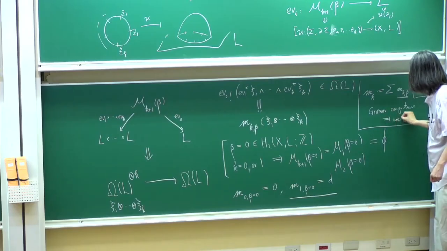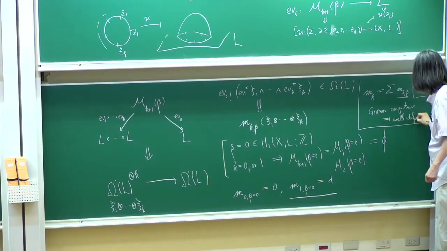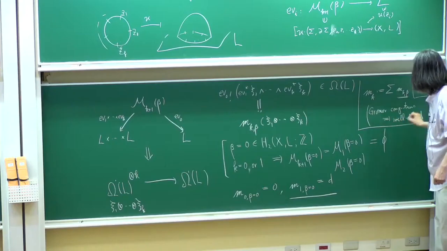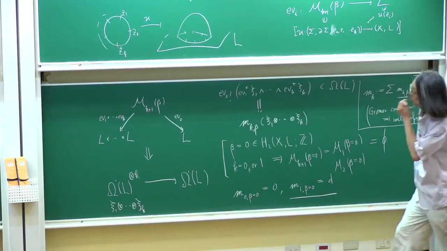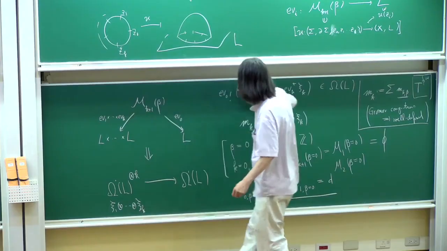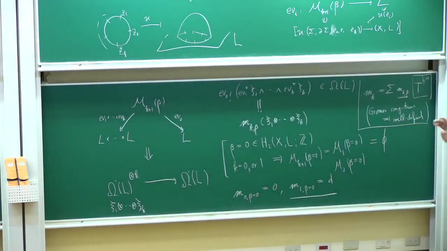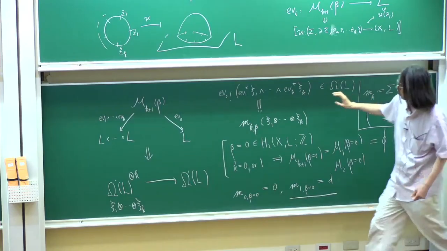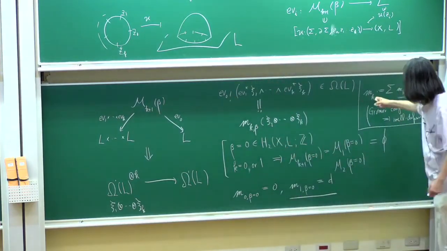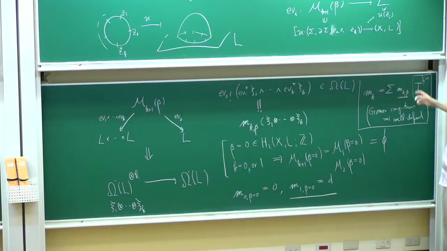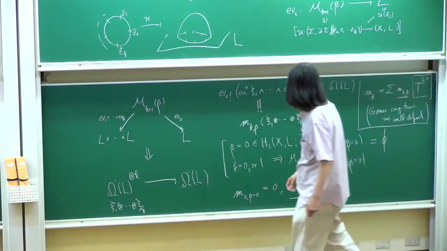I mean, certainly we have to make sense of these operations, but that is a kind of virtual technique, and each of them is defined by using virtual technique. Then this infinite sum makes sense because of Gromov compactness.